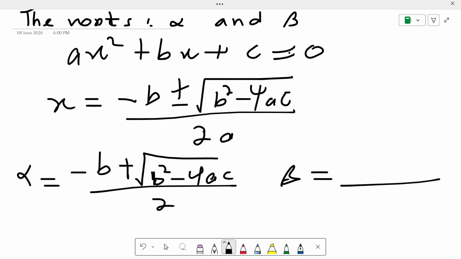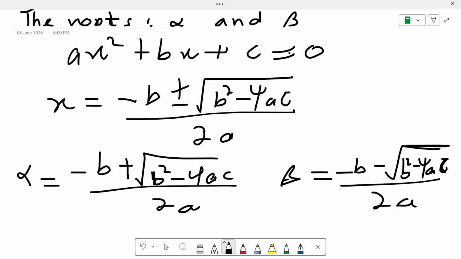All right. Good. So these are the roots. So we have alpha given as negative b plus square root of b squared minus 4ac over 2a, and then beta given as negative b minus square root of b squared minus 4ac over 2a.